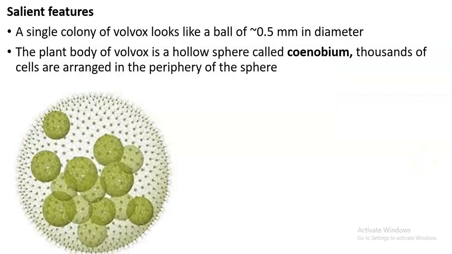Then salient features: a single colony of Volvox looks like a ball of 0.5 mm in diameter. This is an extremely small coenobial colony. The individual cell is completely microscopic, but the colony we can see with our naked eyes. The entire coenobial colony is approximately 0.5 mm in diameter.